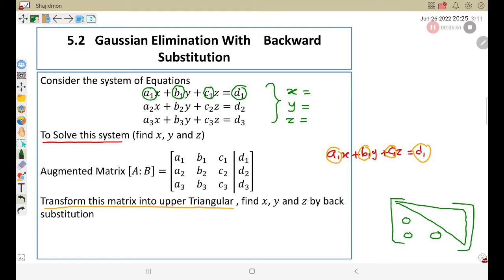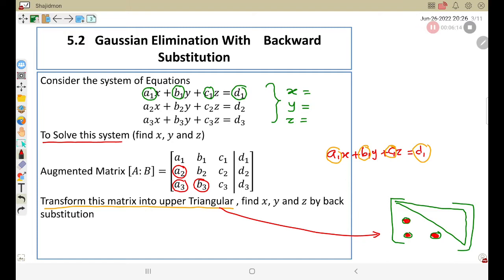These three numbers should be 0. This is the meaning of upper triangular matrix, correct? For a 3 by 3 system, these entries should be 0. So in this A matrix, these three numbers we need to transform into 0.